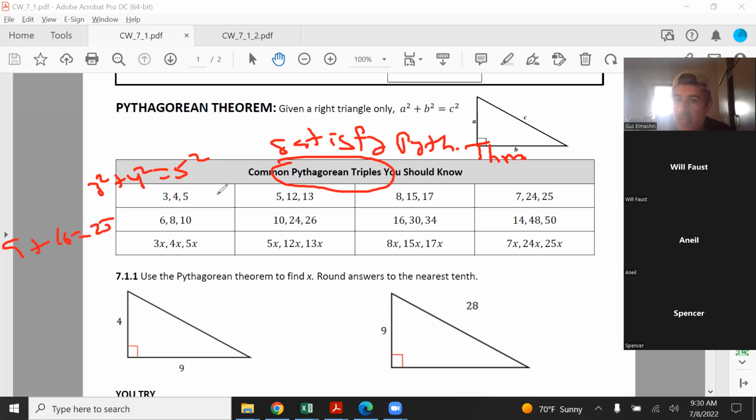Likewise with 5, 12, 13, 8, 15, 17, 7, 24, 25, and all the other ones you see below. Even some that have an X next to them, the X just goes away. Usually 3, 4, 5 and 6, 8, 10 are ones you see most often, maybe 5, 12, 13, 8, 15, 17 sometimes, maybe 7, 24, 25. These other ones are rare, but it works.